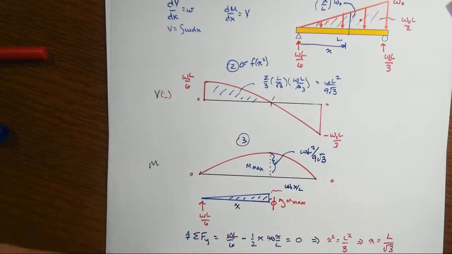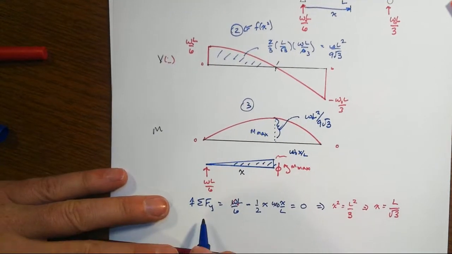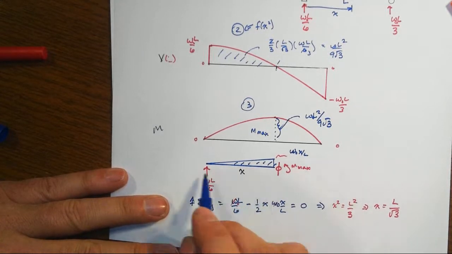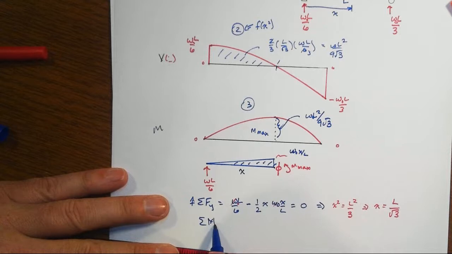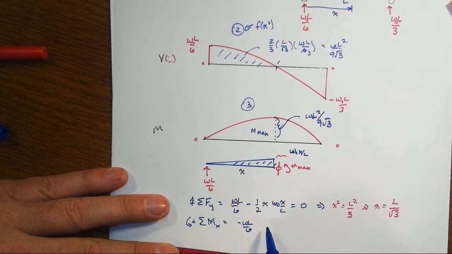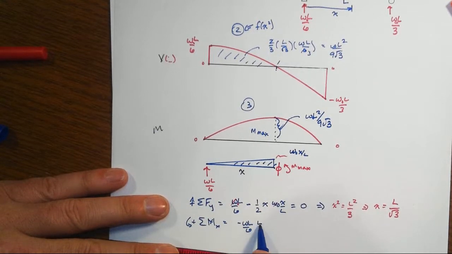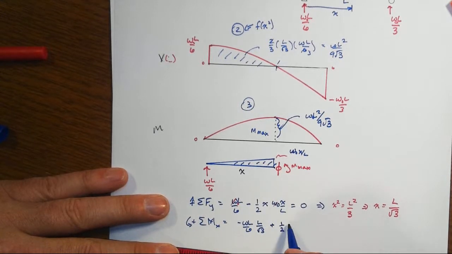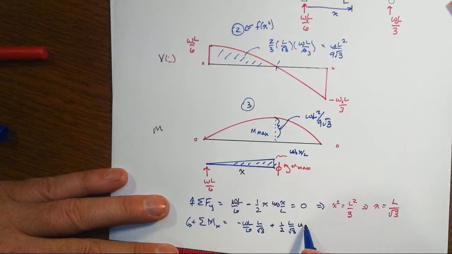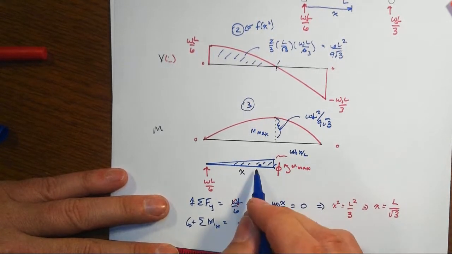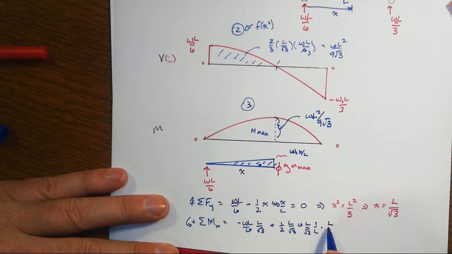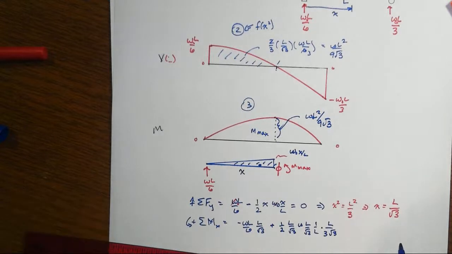What if you didn't remember that? Or you didn't have that table available to you? Well, you could just sum moments and find that, right? It doesn't matter if you go to the left or to the right. Let's go at that x location, and you'd have minus WL over 6 times this x distance, which is L over root 3, and then plus the 1/2 of the x, which is L over root 3, times W times L over root 3 times 1 over L, that's just the total load, times its moment arm, which would be that 1/3 distance, so that would be L over 3 root 3, right?